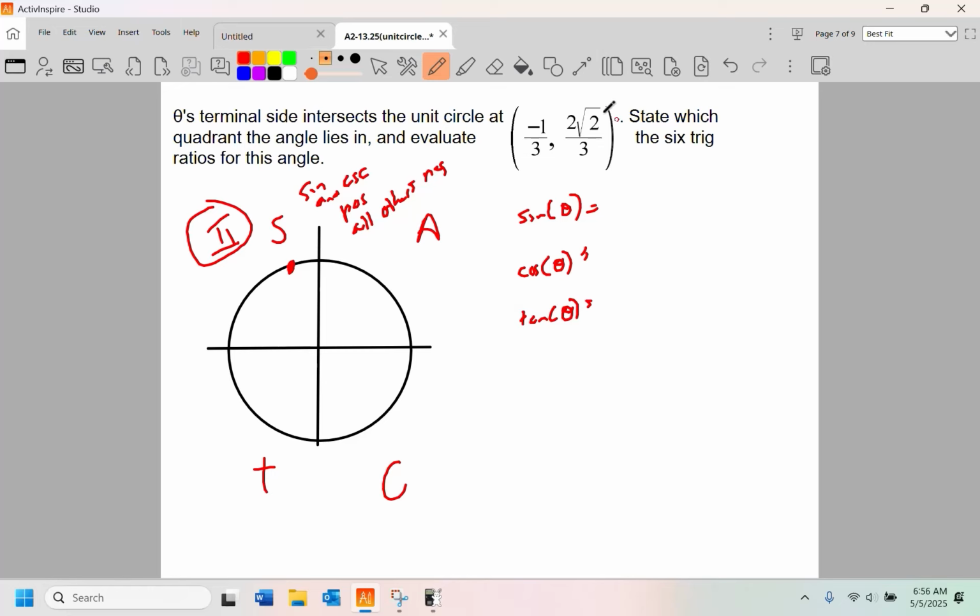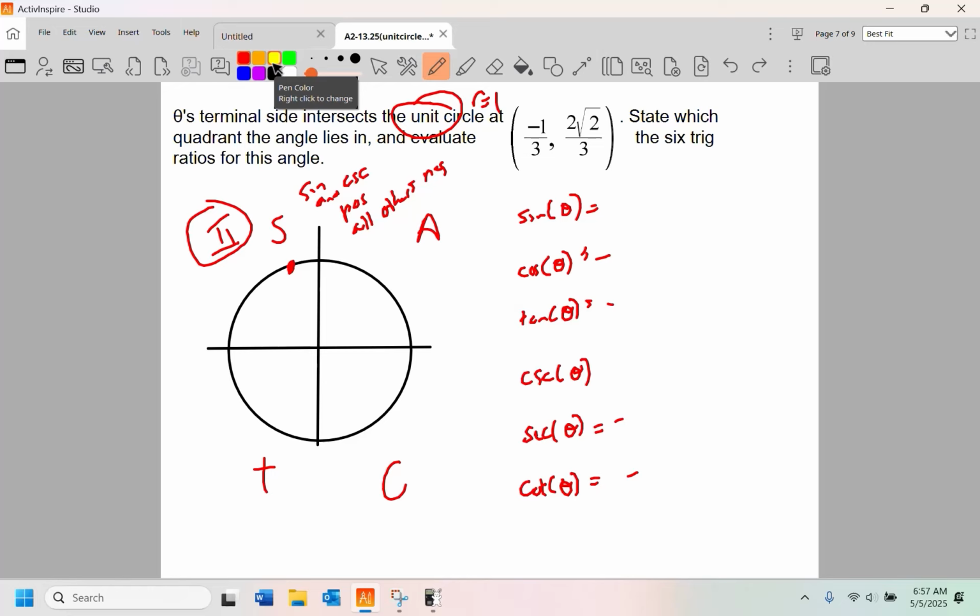Now, by the way, this is on the unit circle, so the radius is 1. And again, I'm telling you, that one's negative, that one's negative, negative, negative. So you already know some answer choices, or at least I know some results.